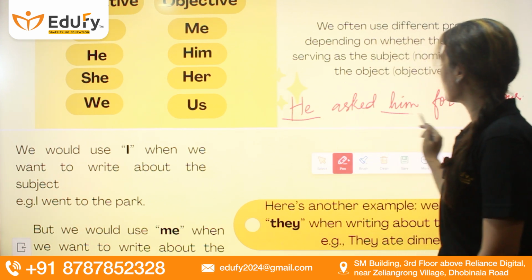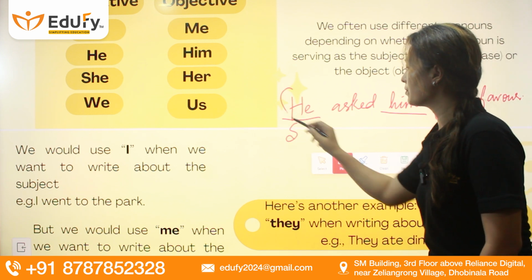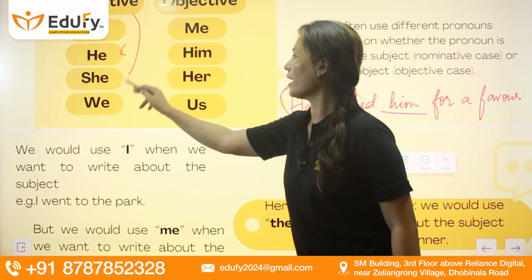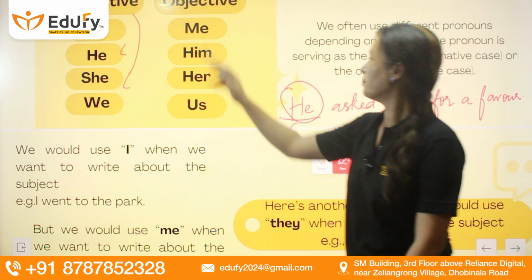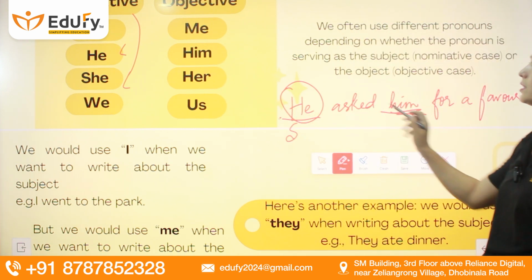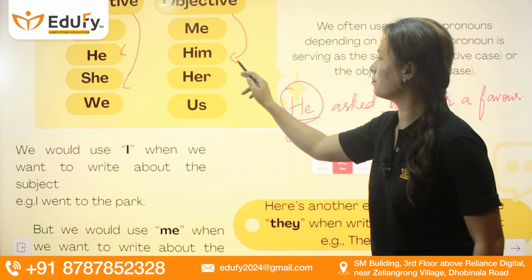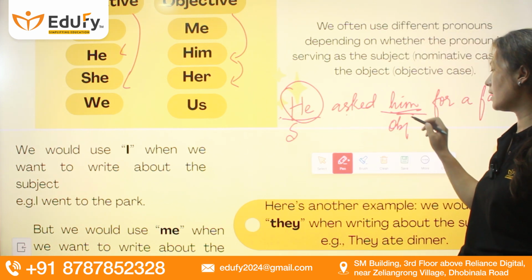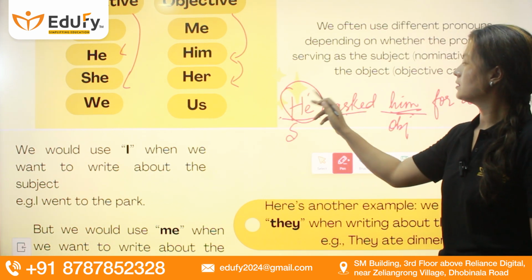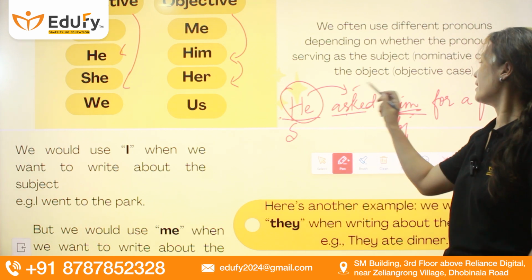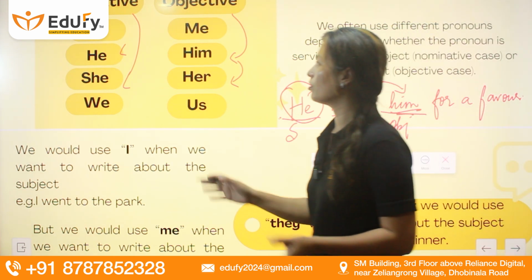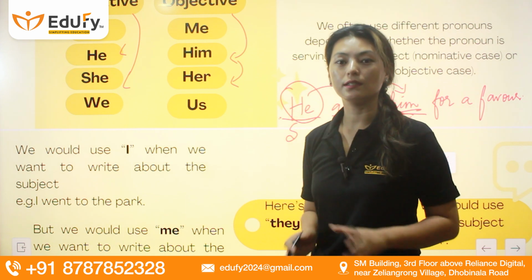So a lot of times what you'll find here is that whenever we have the subject, we will use the nominative case he and she. But if you have an object, then you will use the objective case him or her. So he asked him is the correct answer, because he is the one performing the action and the action is being received by him.